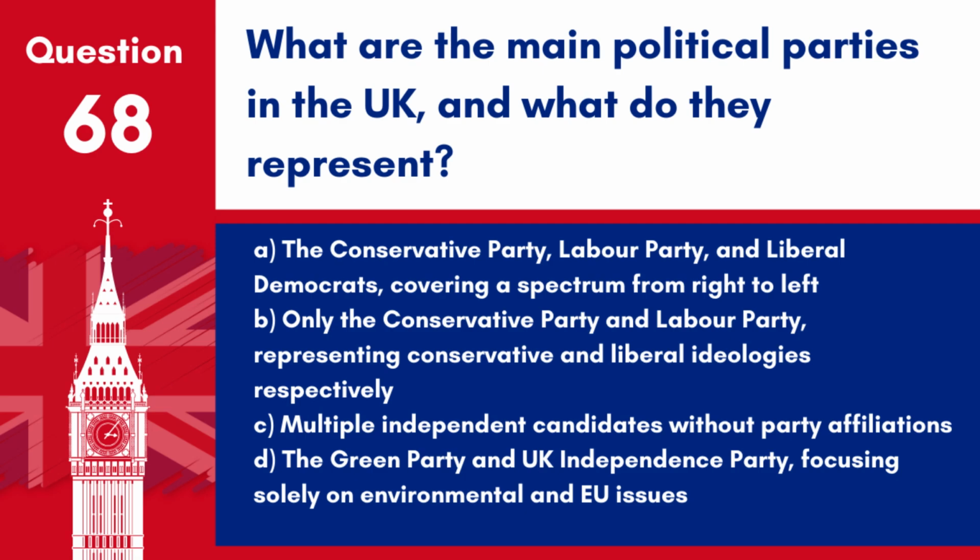C. Multiple independent candidates without party affiliations. D. The Green Party and UK Independence Party, focusing solely on environmental and EU issues. Answer: A. The Conservative Party, Labour Party and Liberal Democrats, covering a spectrum from right to left.